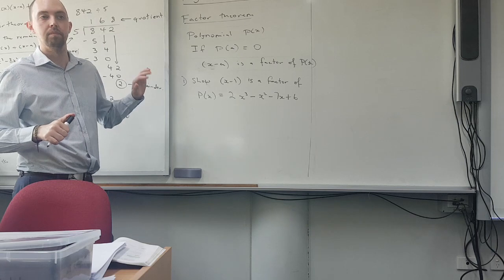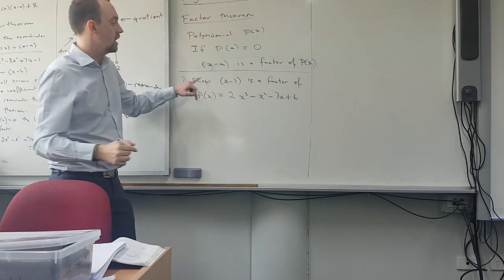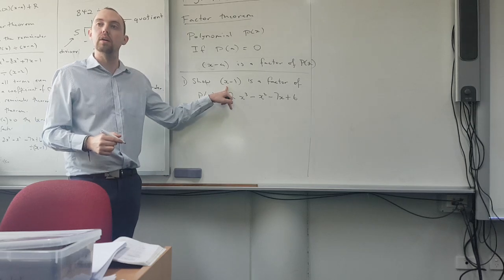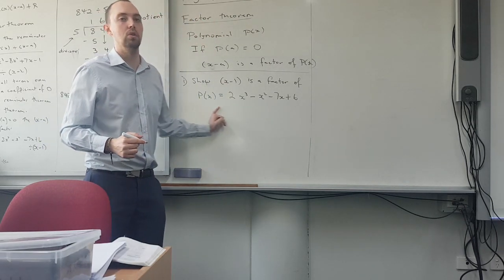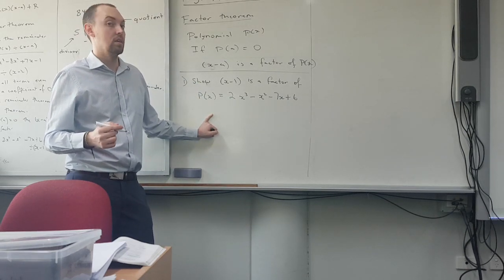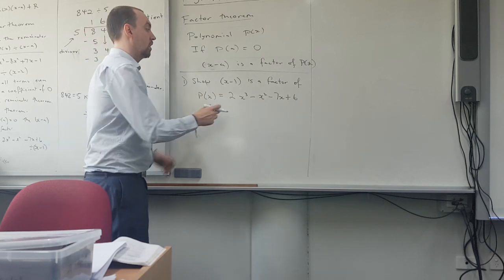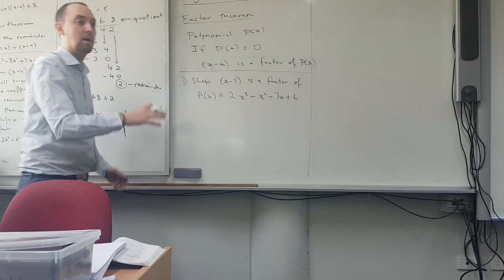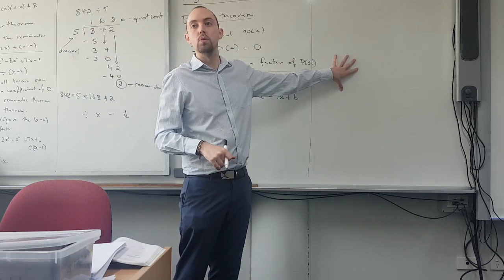So, going by our factor theorem, if x take 1 is a factor of this whole polynomial, what can we do to quickly show it? Give it a shot. We can divide it, and do that really long process which we just had over here, which we'll do in a moment.